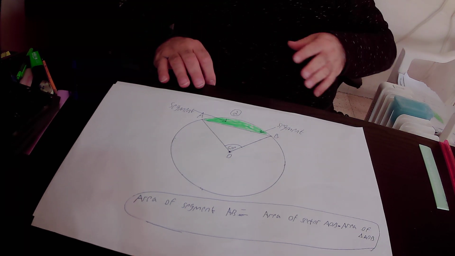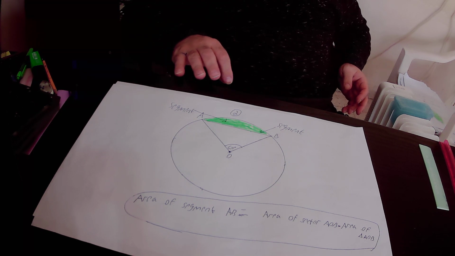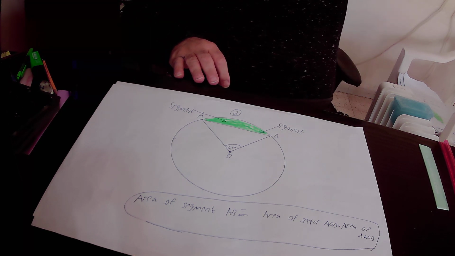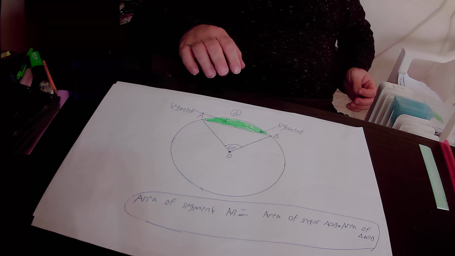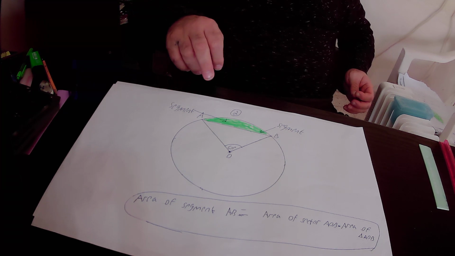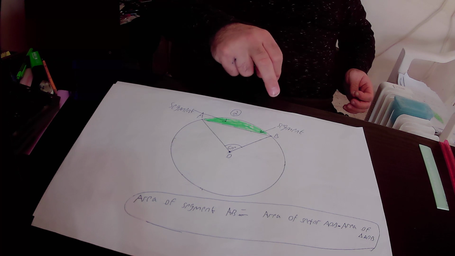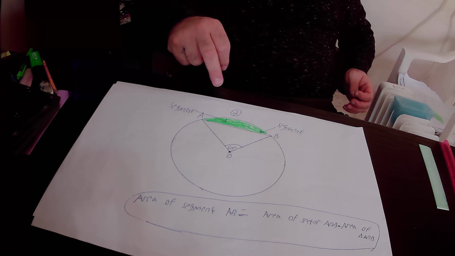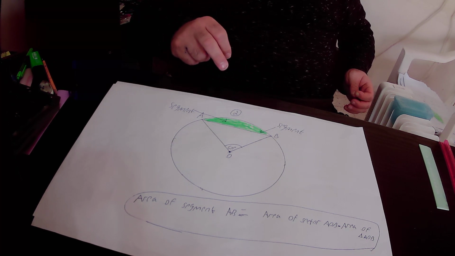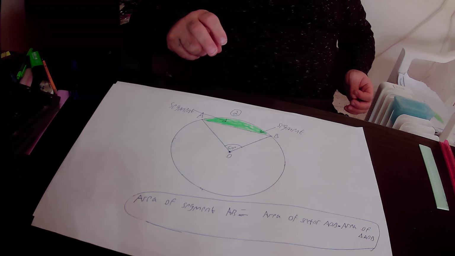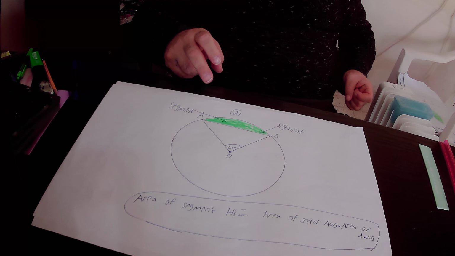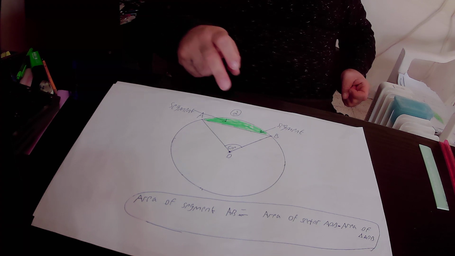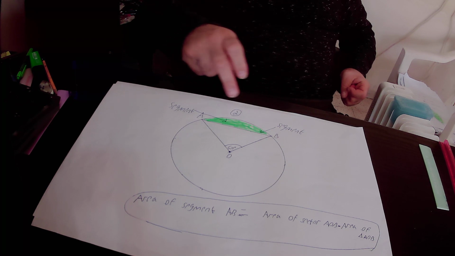Then I presented to you the definition of a segment. A segment is the area that is bounded by a chord and by the arc that is attached to that chord inside the circle. Again, in this case, segment AB is the area that is bounded by chord AB and arc AB.